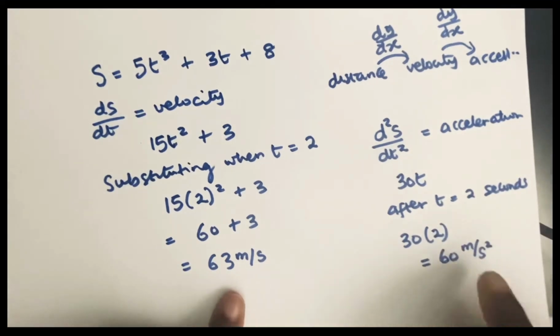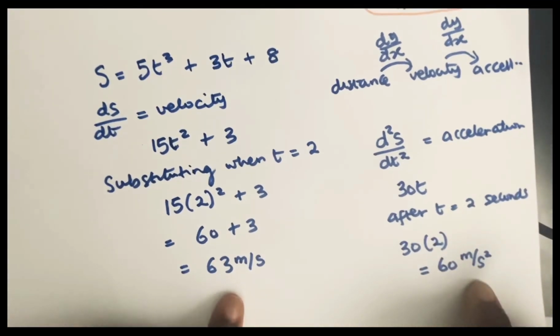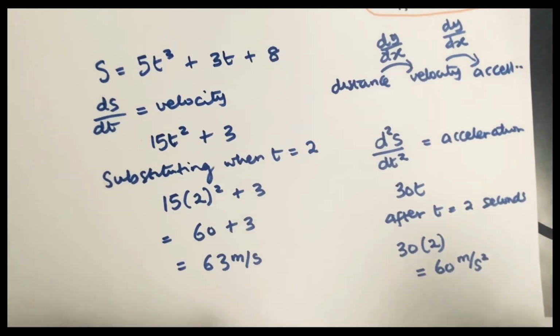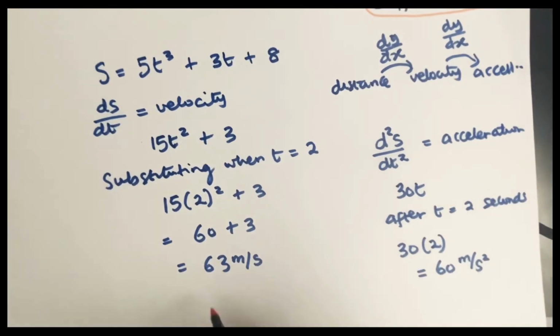Remember this is acceleration, so it's meters per second squared, and this is velocity, so it's just meters per second. That's that example done. That's the first solution, and that's the second solution.